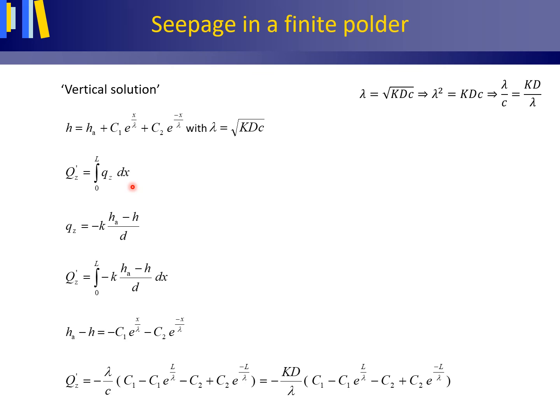As you want to know the upward seepage for all of the polder, you must integrate between the bounds of 0 and L. You insert the Darcy equation into this integral equation.